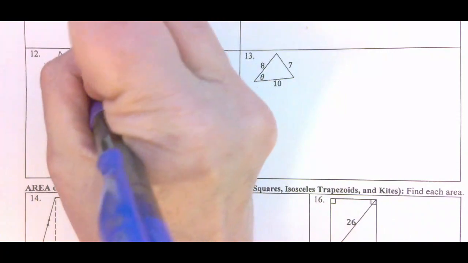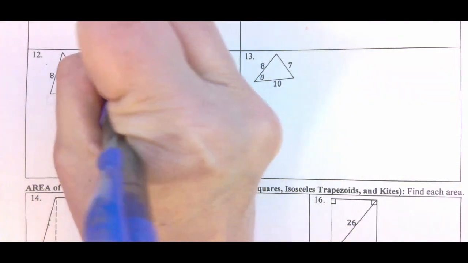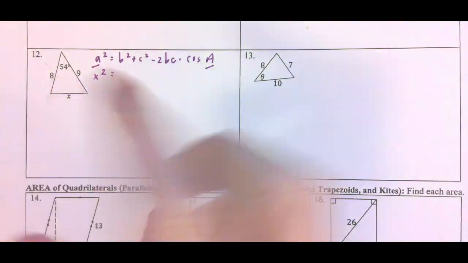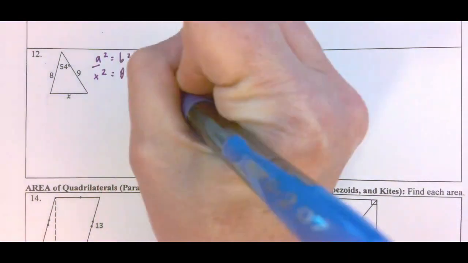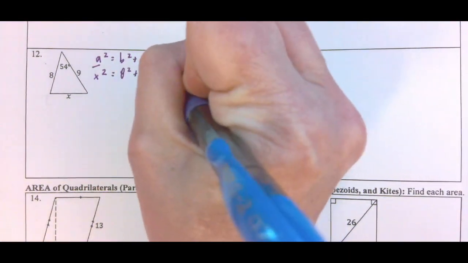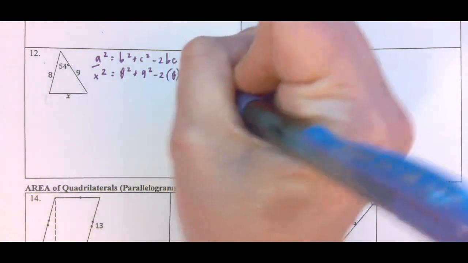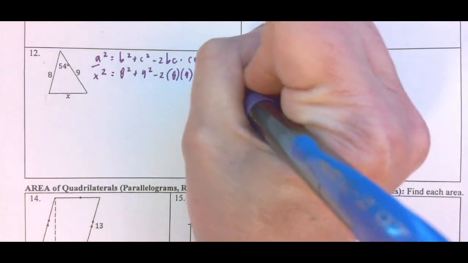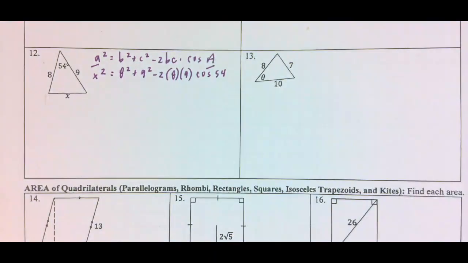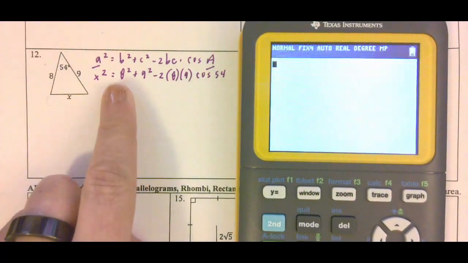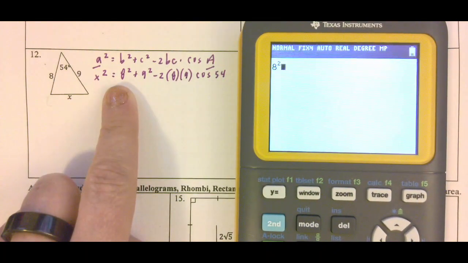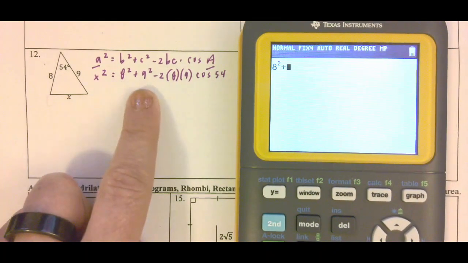So I start off with x squared equals, my other two sides are 8 and 9. So 8 squared plus 9 squared minus 2 times 8 times 9 times cosine 54. And the beauty of that is that I can type all of that in together.